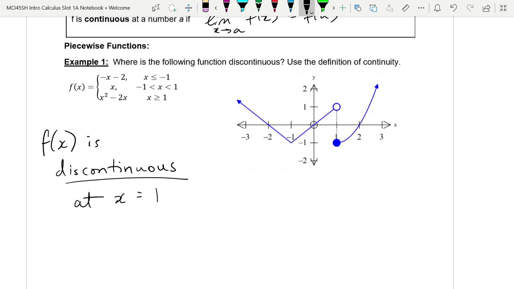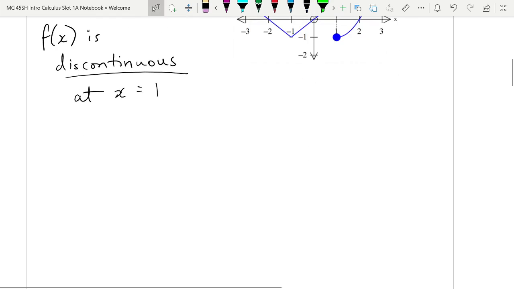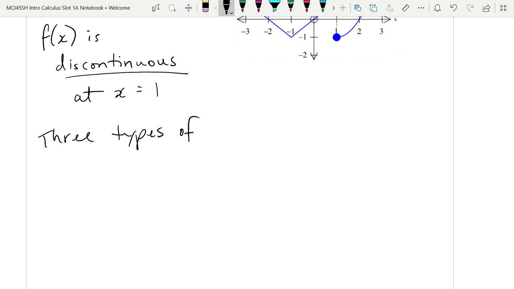And you have lots of room under here, so we're going to write down a bit of notes here, and this is going to say that there are 3 types of discontinuities. I think I've spelled that right. Discontinuities.